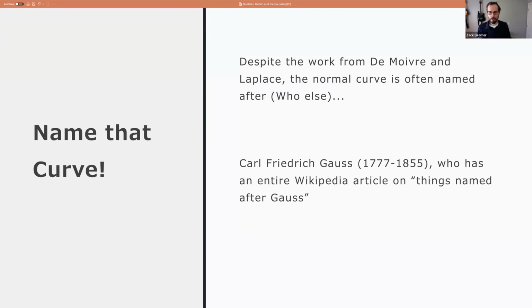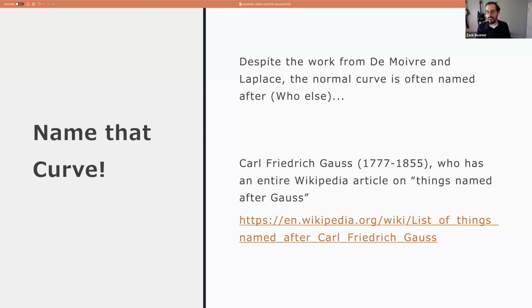One of the things that's kind of funny about Gauss is that he has an entire Wikipedia article that is things named after Gauss. So I encourage you to check it out. I only recognize maybe 6 or 7 of them. Again, one of the most prolific mathematicians. Gauss, a little bit outside the scope of this current presentation, but Gauss did his own work on this.